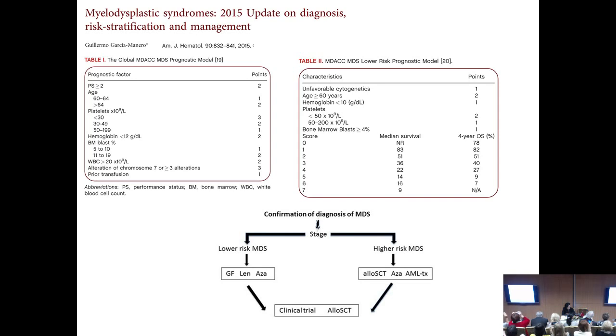In low risk MDS, we have growth factors, lenalidomide, and azacitidine, which inhibits gene methylation. For higher risk MDS, there can be transplantation either of stem cells or of the complete bone marrow, and there azacitidine can also be applied, or chemotherapy.